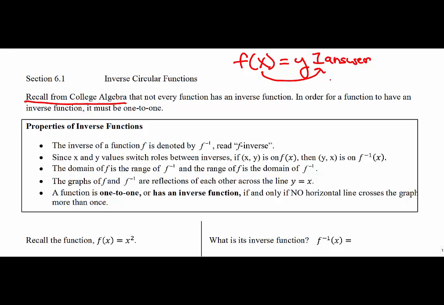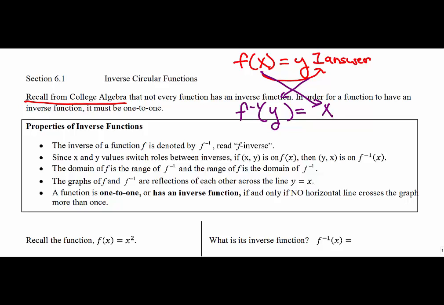And that's a function. Well, not every function has an inverse function. When we talk about inverse functions, we talk about switching around the x and y values. So if I have f inverse, that little -1, the output value becomes the input value, and the input value becomes the output value.